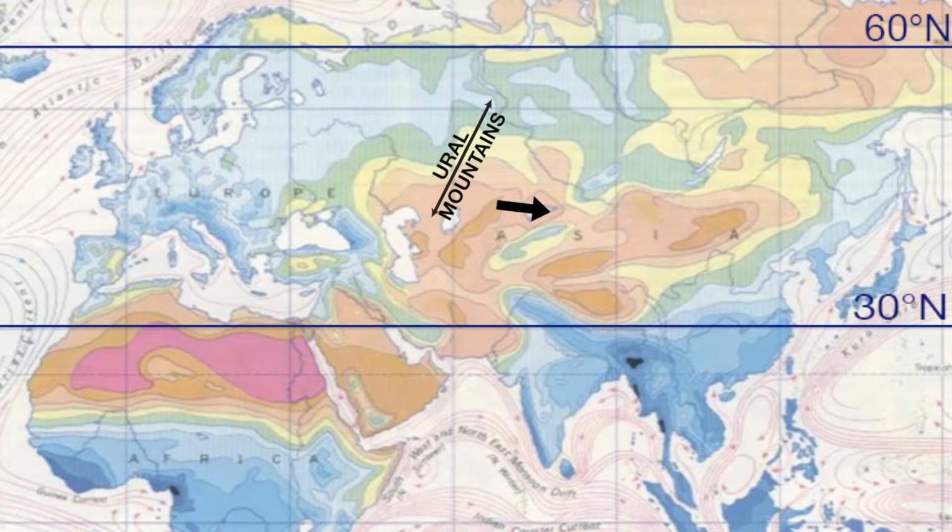There are no major sources of moisture east of the Urals. So the entire band of Central Asia, from the Urals to the very shores of the Pacific, is an extremely dry climate, as illustrated here.